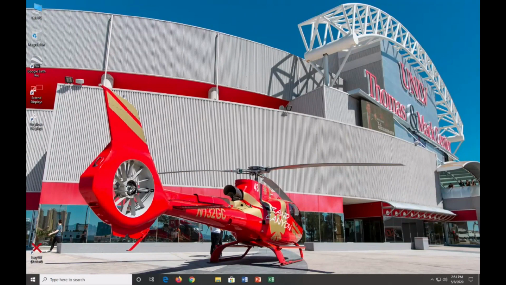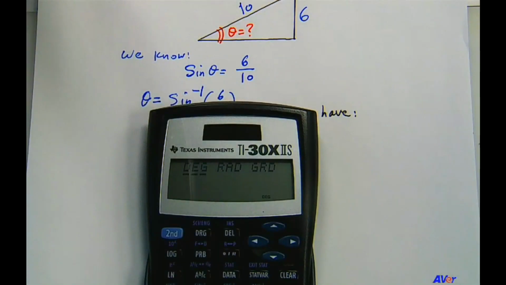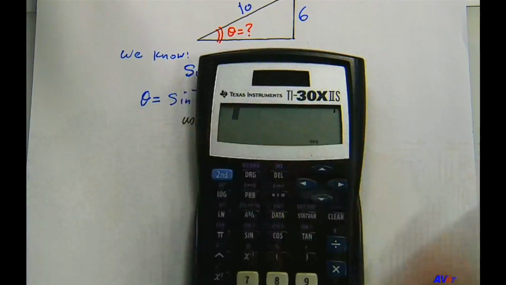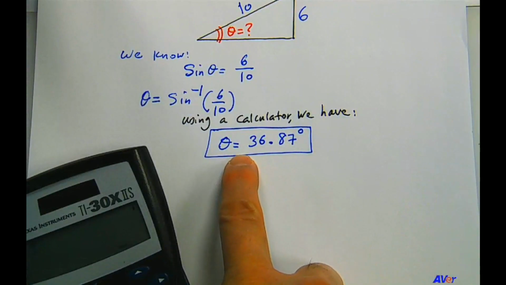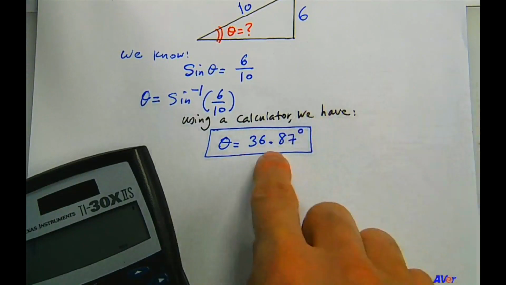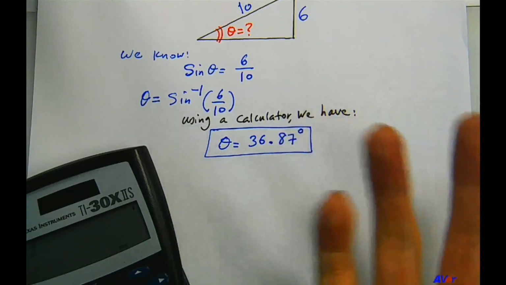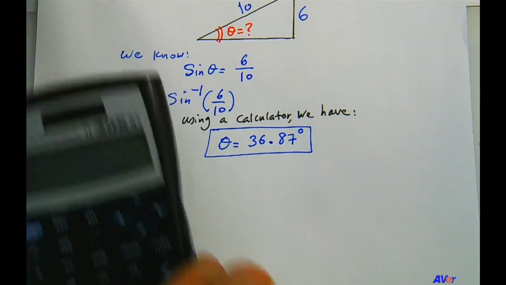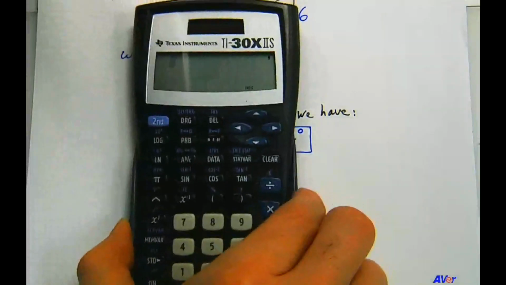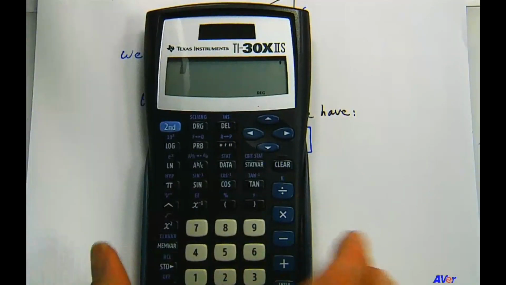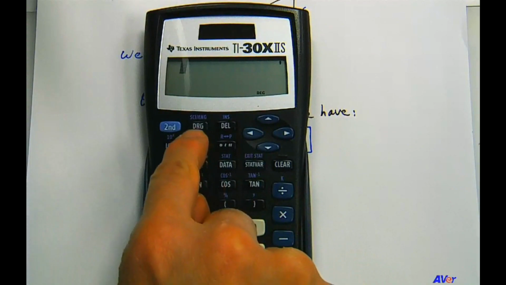Oh, there it is. So actually I want to switch back to the dock camera so you can see what I did. All I did on this Texas Instruments calculator is, I gave you this angle in degrees, so I want to show you how you can convert this to radians. Notice the DRG key.